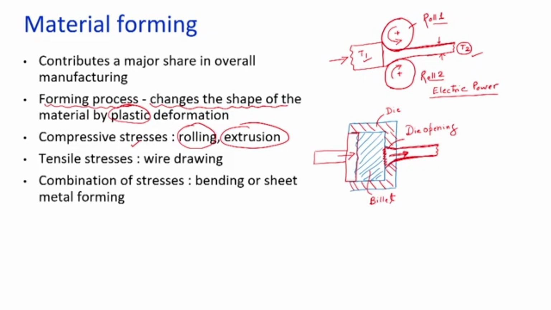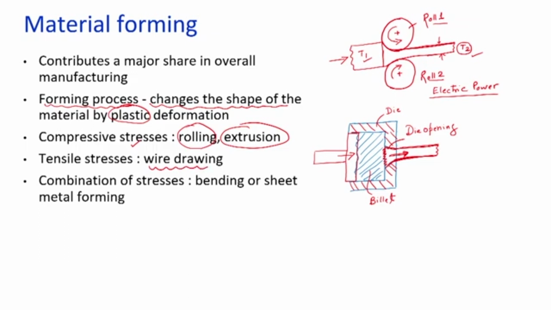Let us consider that we want to manufacture a wire of about 10 mm. We have made a die of 10 mm and then we are pulling that material through the die. At the other side of the die there is a billet material. So when we apply the tension, and by using this tension we are generating the required product, that is called the wire drawing process.